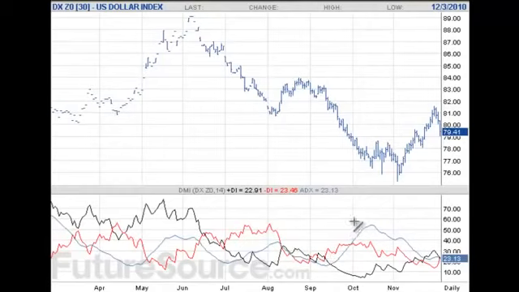So a rising ADX does not necessarily mean a bull market or a bear market. It just means a trending market. So if a market's making lower highs and lower lows, the ADX will rise with that, saying we're in a bear market.